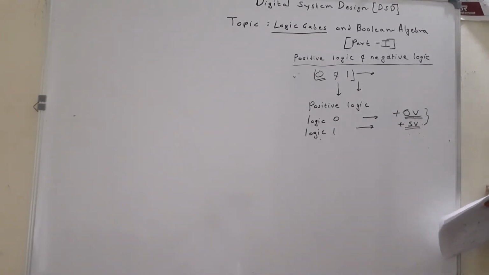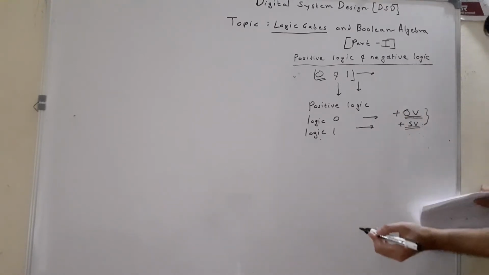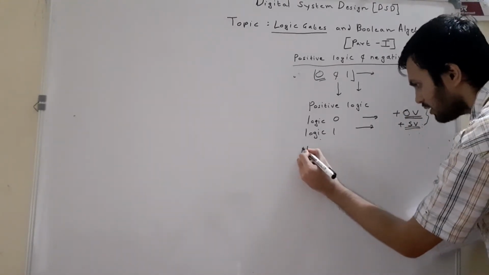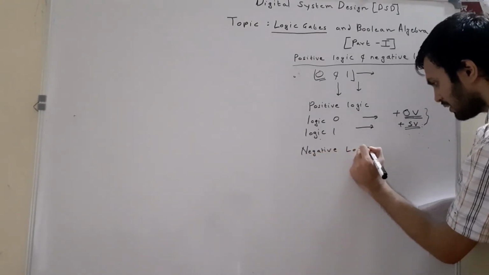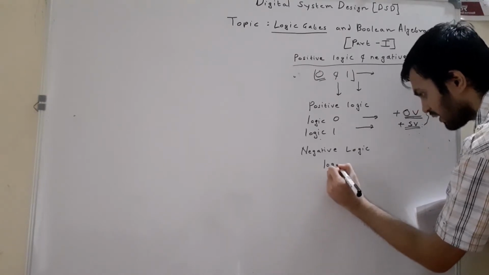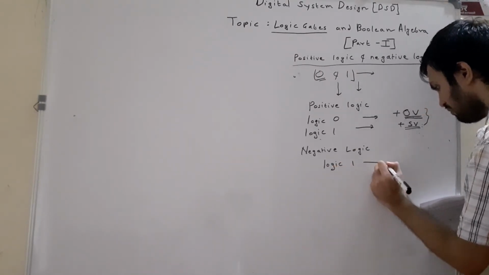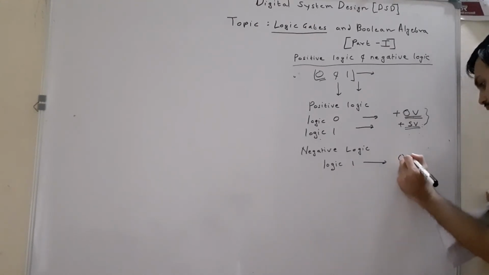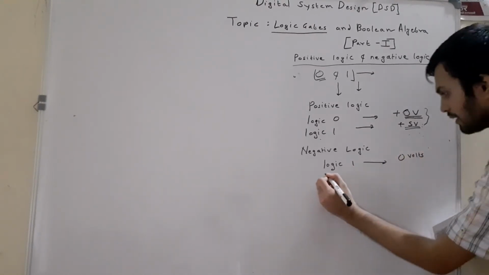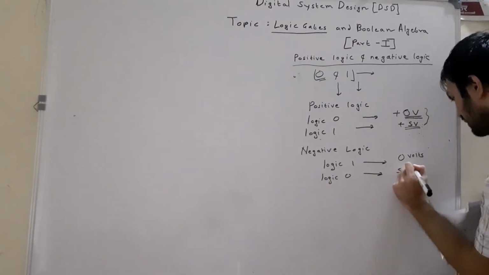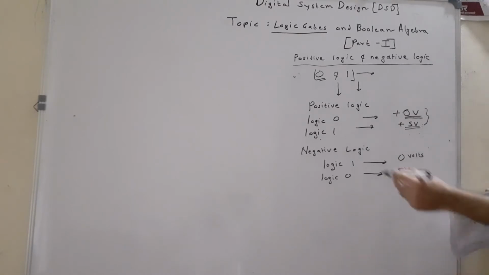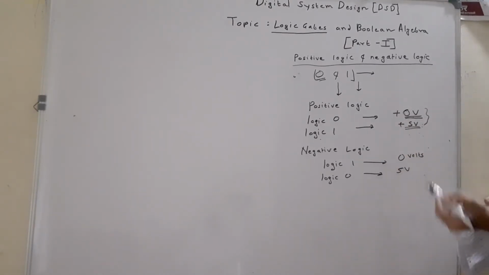Mainly all the circuits which we are going to design in this course, and the truth tables that we are going to see, are based on positive logic only. And what is negative logic? Just for your information, if we assign 0 volts to logic 1 and 5 volts to logic 0, exactly the opposite, that's the reason it is known as negative logic.